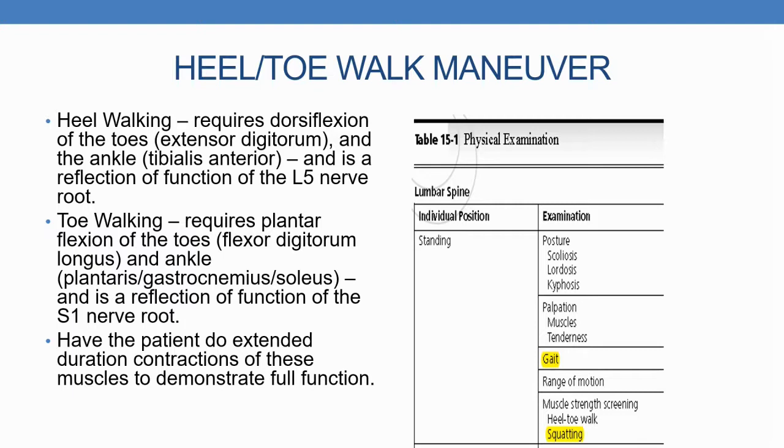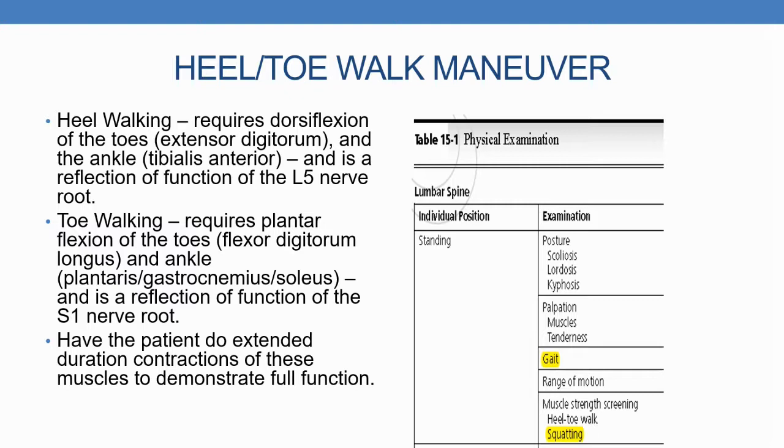Now, the heel walking portion of the maneuver requires dorsiflexion of the toes and the ankles. Dorsiflexion of the toes uses the extensor digitorum muscle, and dorsiflexion of the ankle uses the tibialis anterior muscle. Both of these are reflections of the functions of the L5 nerve root. So heel walking is L5.